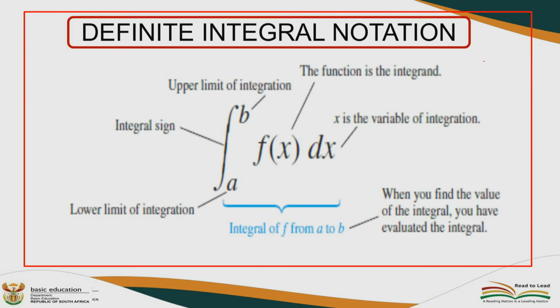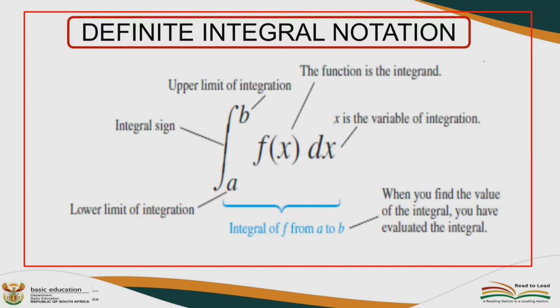On that integral sign, we have our limits of integration, wherein we have the value of a, which shows your lower limit of integration, and we have our value of b, which is our upper limit of integration.